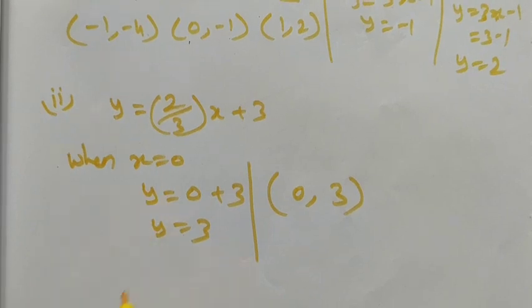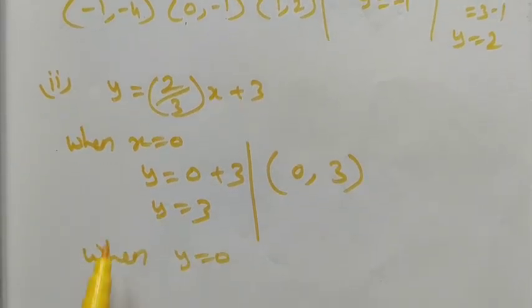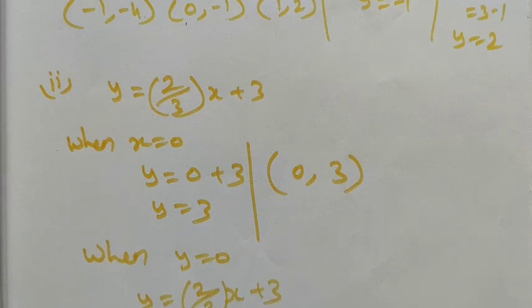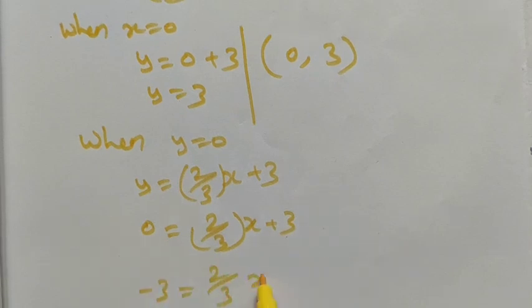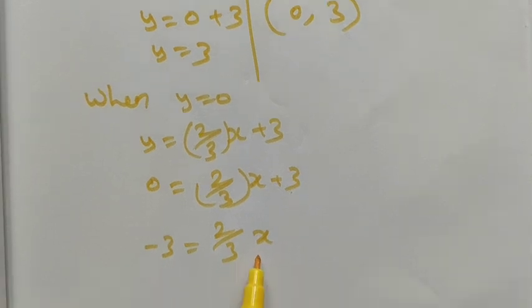This is one of the ordered pairs. And in the same way, when y = 0, in y = (2/3)x + 3 the left side becomes 0, so we get 0 = (2/3)x + 3. I take this 3 to the other side, we get -3 = (2/3)x. We want to find only the x value.